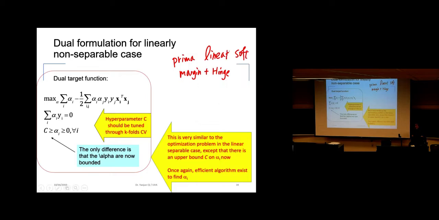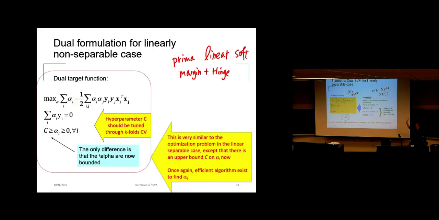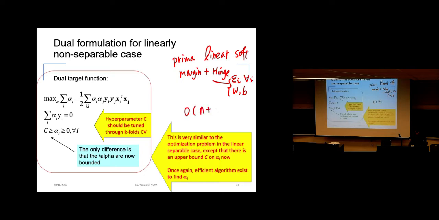How many parameters do we need to estimate? There's an epsilon_i added in each constraint, right? So how many parameters do we need to look for in the soft SVM? You have those epsilon_i, and you also need to look for W and B. So the number of parameters is O(N plus P). Of course, you can do plus 1, but actually you can cancel it out.